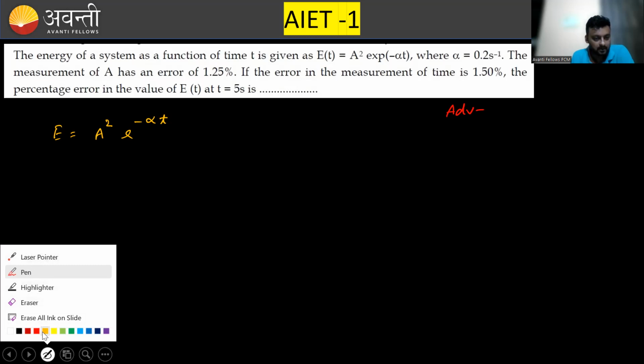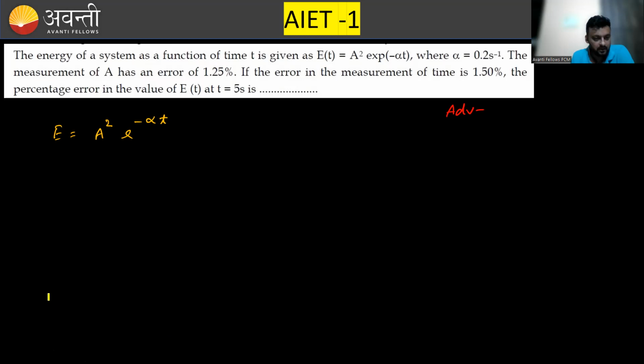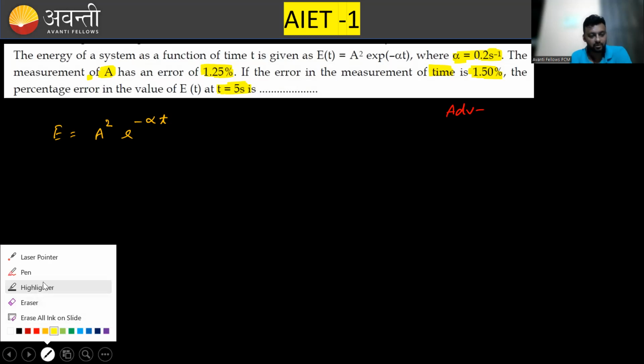Alpha is given 0.2. The error in the measurement of A is 1.25%, and in the measurement of time, it is 1.5%. Done. So I have highlighted the important data here. At t equals 5, they are asking. Because energy is variable, it depends on time.